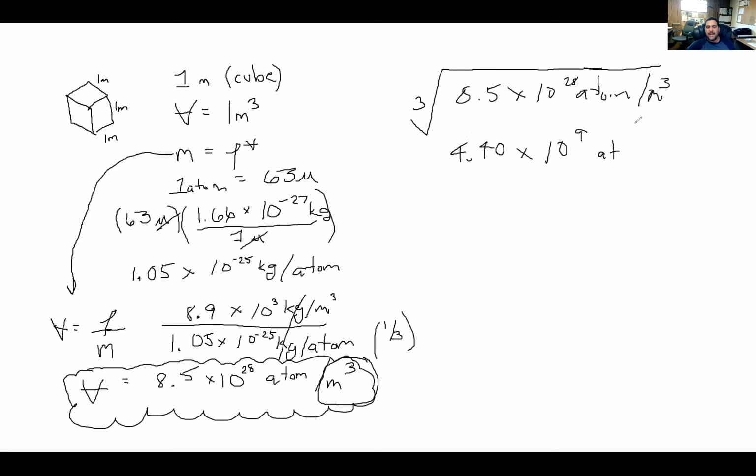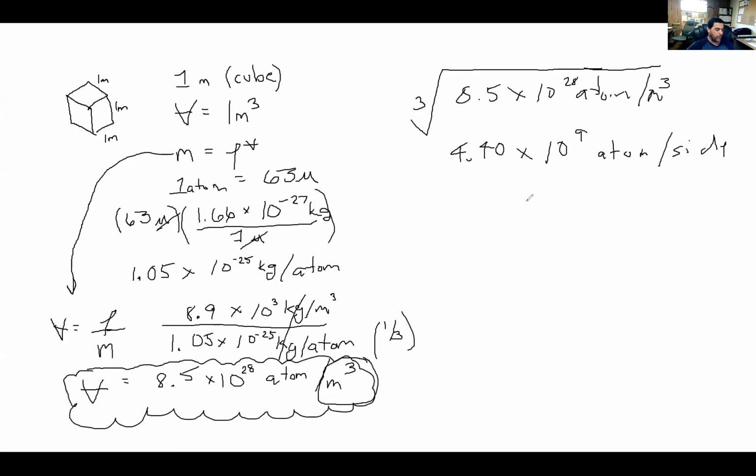So if I take the cube root of that, I end up with the number of atoms per side of this thing. So there's 4.4 times 10 to the 9th atoms per side.